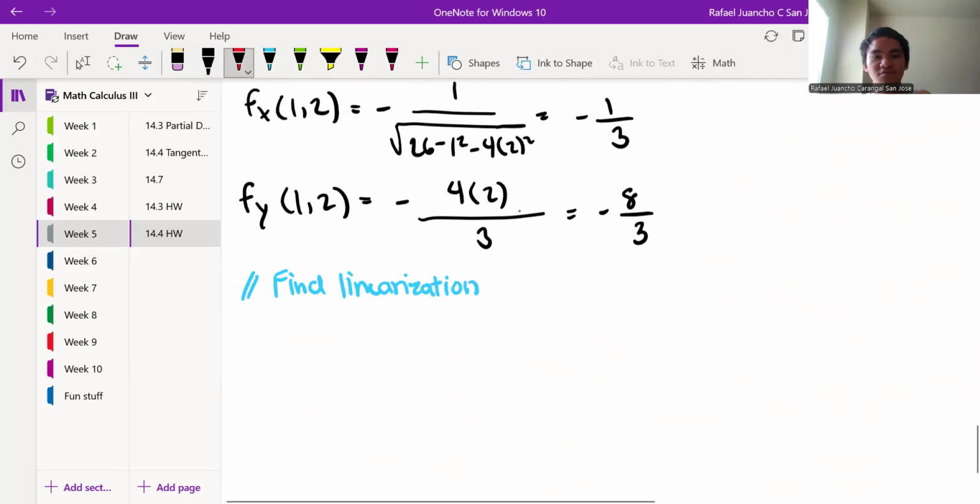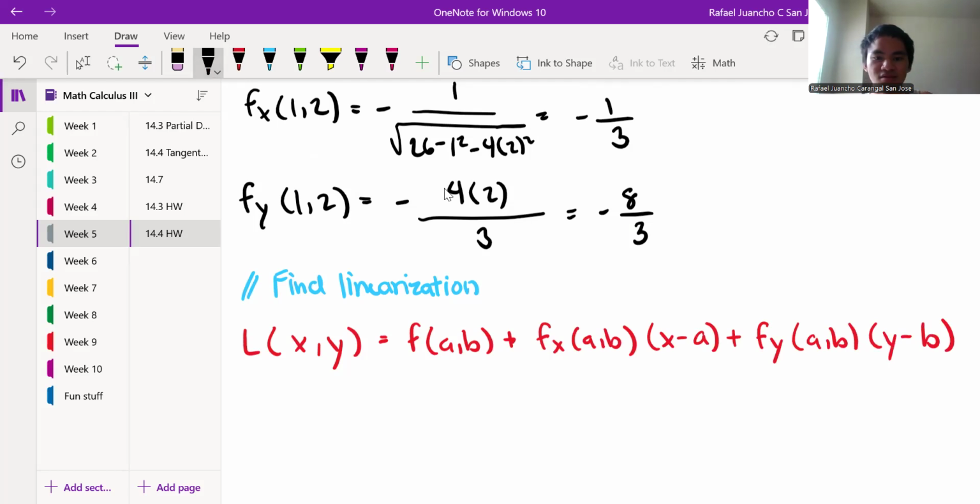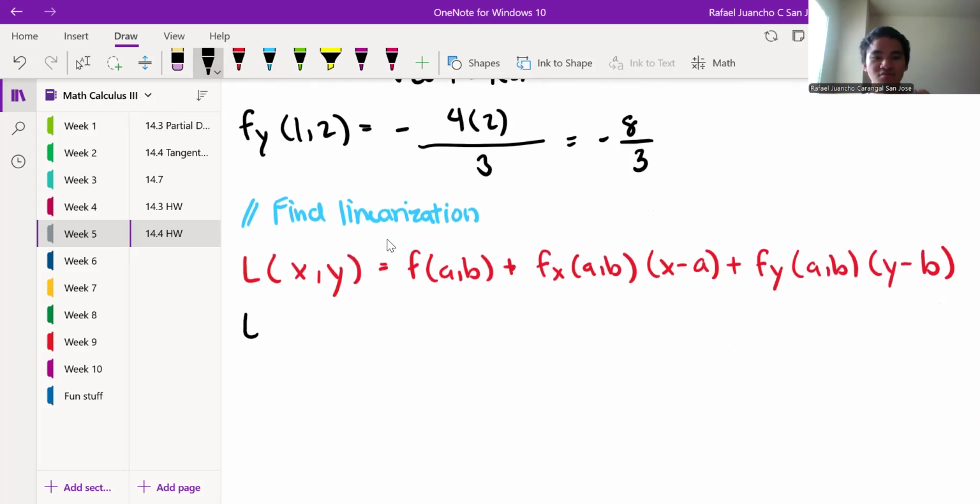So here we just plug in the formula. So L is equal to our f at the point, plus our f sub x at that point times x minus a, plus our f sub y at that point times y minus b. And so that's going to be, well, L at this point.